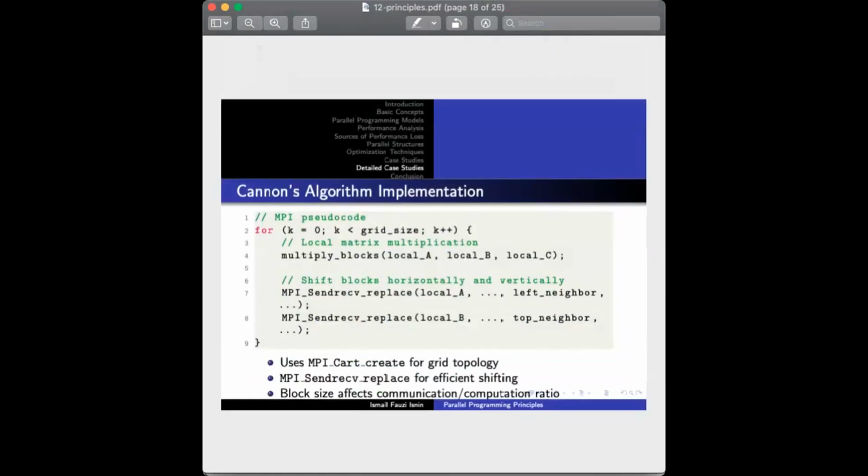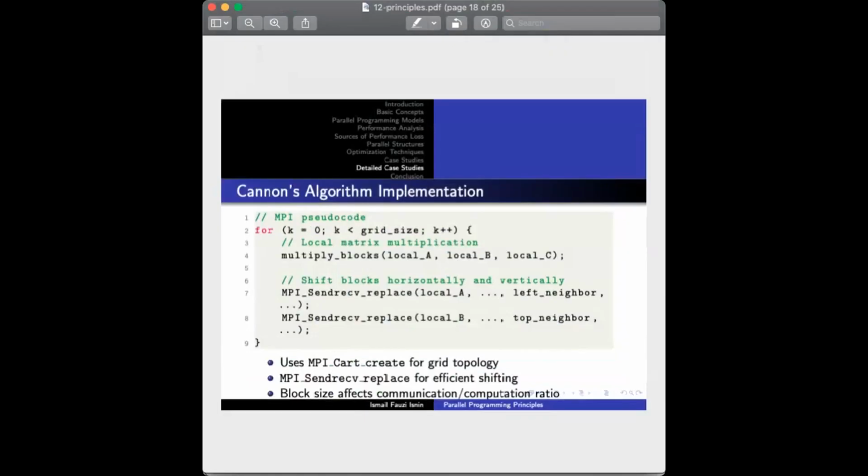So next is the pseudocode for the Cannon loop using MPI send receive replace. Here is the concrete MPI pseudocode for implementing Cannon algorithm.